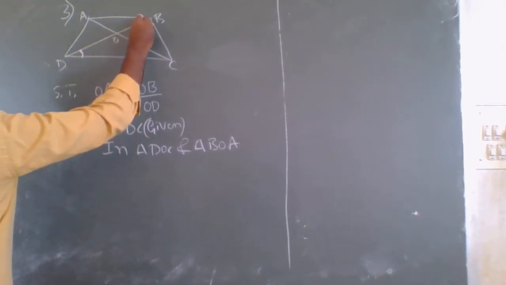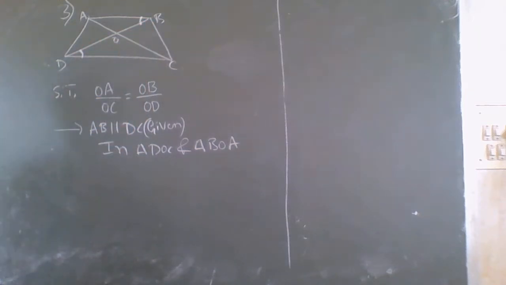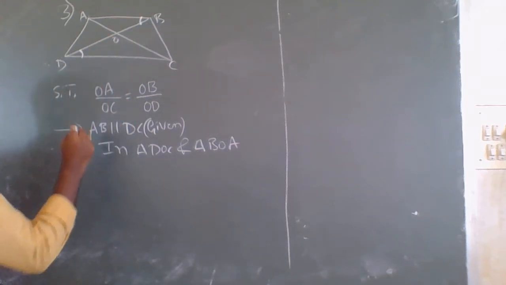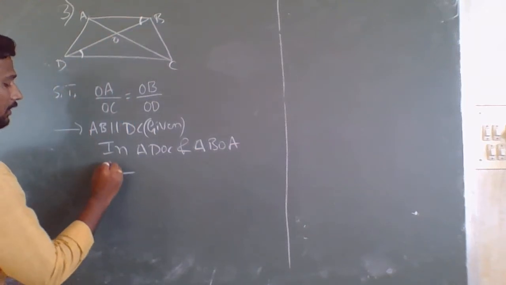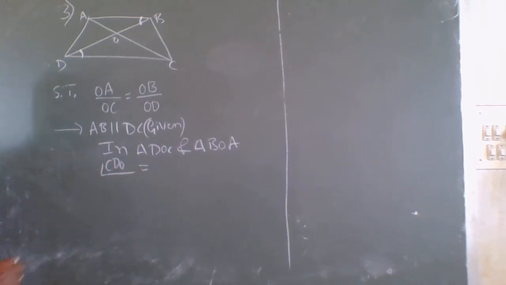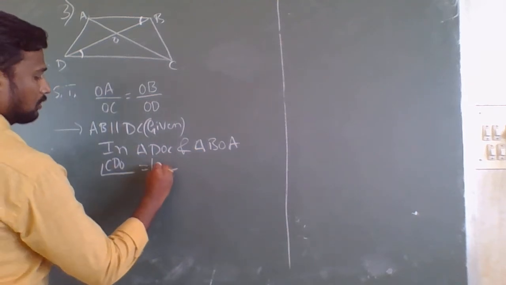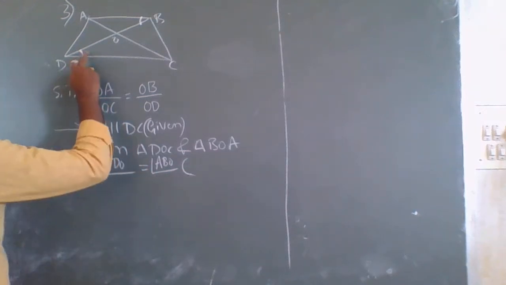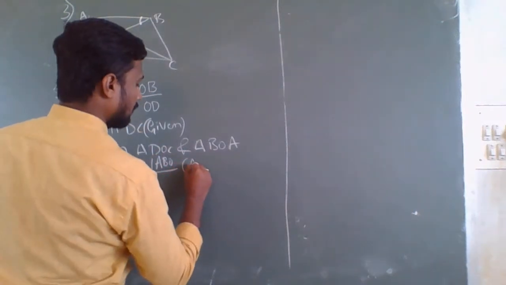This angle is equal to this angle because these two are alternate interior angles. Here I will write angle CDO equals angle ABO. These two are alternate interior angles.